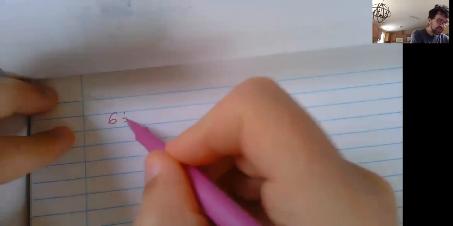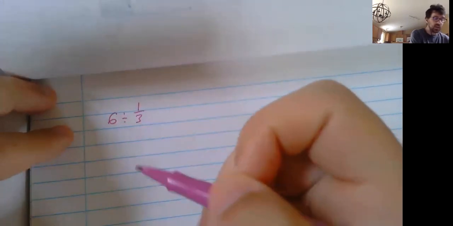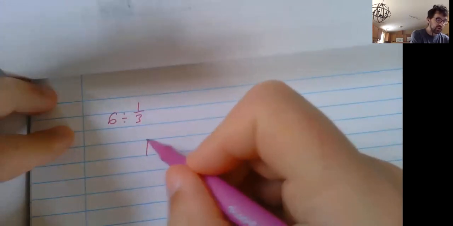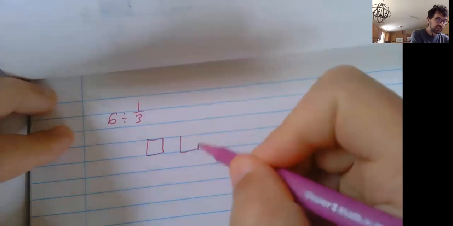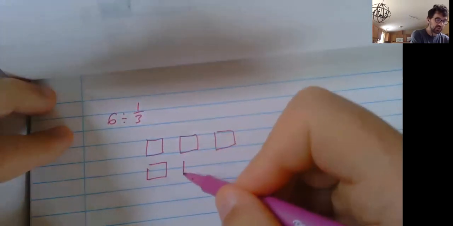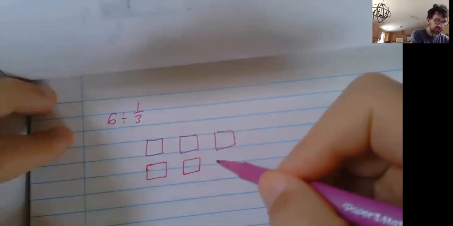The idea that we have 6 divided by 1/3, okay? When we see 6 divided by 1/3, the idea is that we have a total of 6 wholes. This is similar to the problem we're going to do in a second.